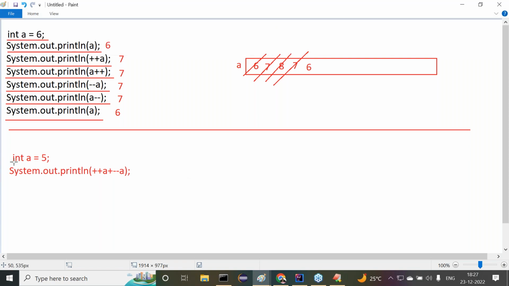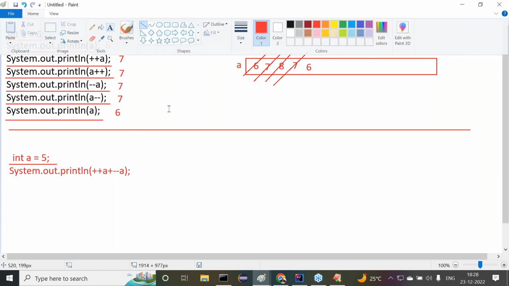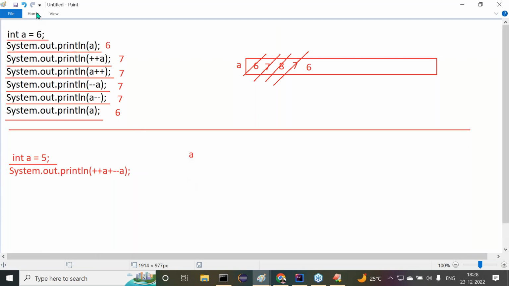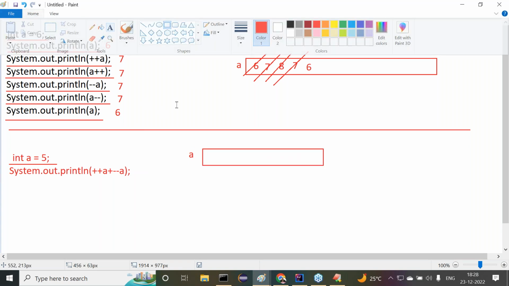As usual, when the JVM executes this particular instruction, int a is equal to 5, immediately the a variable will have 4 bytes of memory. Inside this 4 bytes of memory, the value is 5.